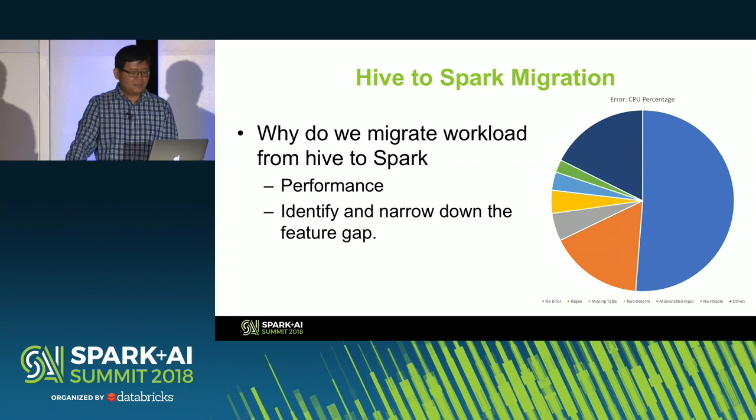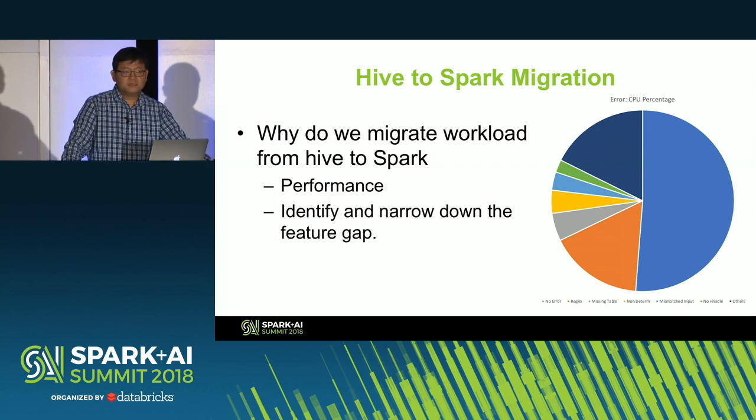Why we want to make the migration work? There are two major reasons. One is in Facebook, Hive is one of the major batch compute engine, and the workload actually doubles or triples every year. It's a big resource, one of the biggest clusters in our Facebook.